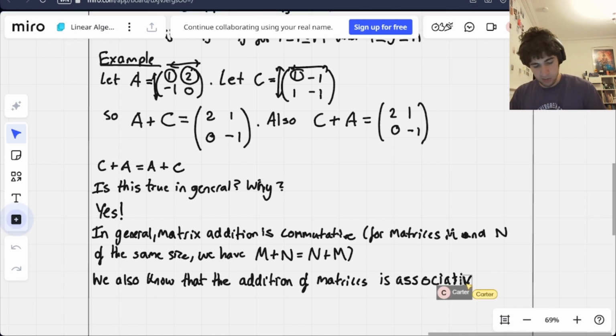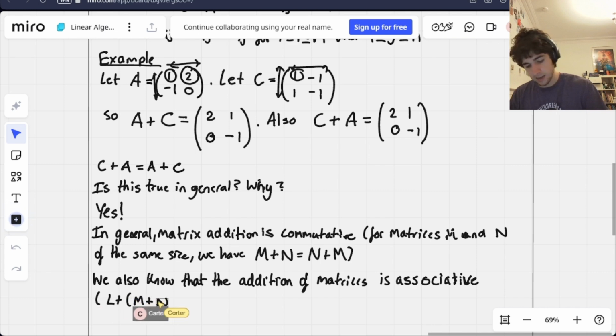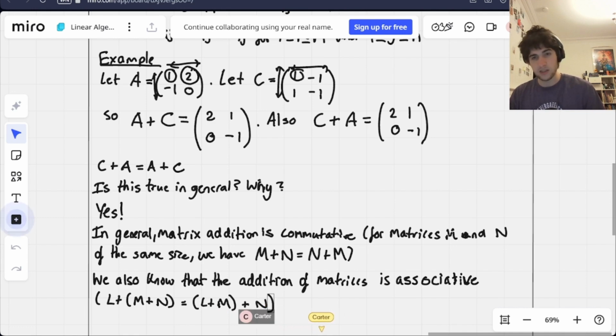Some of you might know what that means, but if you don't, worry. Associative, right? So what that means is that basically if I gave you three matrices, call them L, M, and N, then L plus, in brackets, M plus N, right? So if I do L first, then I figure out what M plus N is, and I add that to L, I should get the same result as if I do L plus M first, I find what N is, and I add that to L plus M. So effectively that's what associativity tells me.